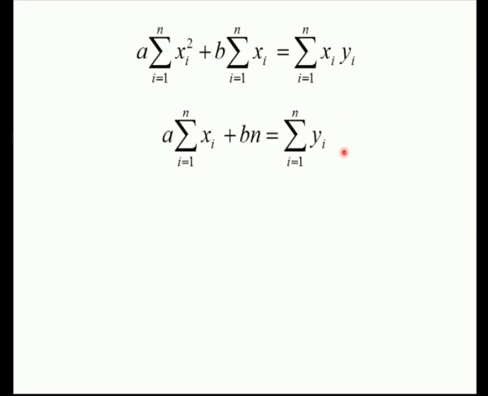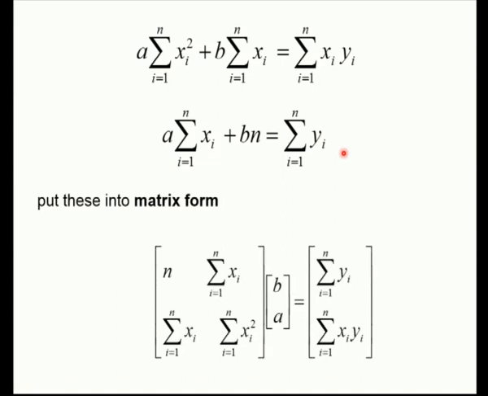So, you can put it into a matrix form, we get this. You can see that a and b are unknown. I am writing b comma a, so the first equation is taken to the second. So, I have b a, I am writing: n times b and summation x times a equal to, so you get the second equation.